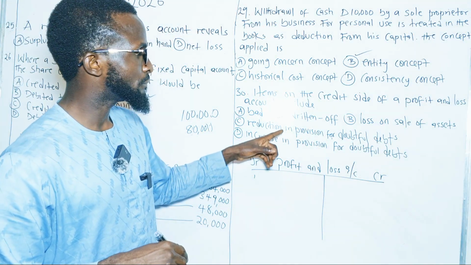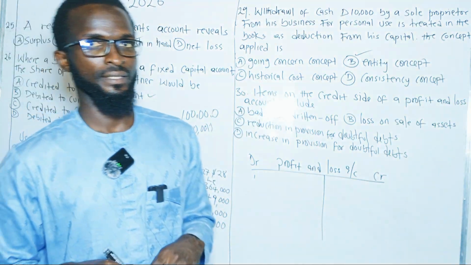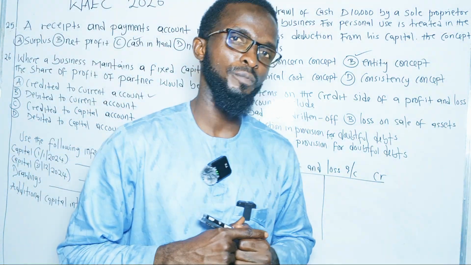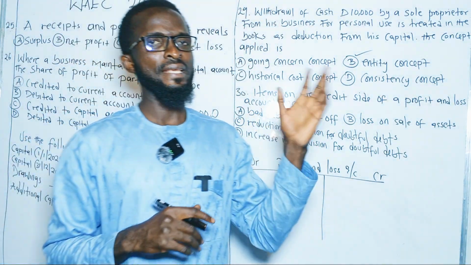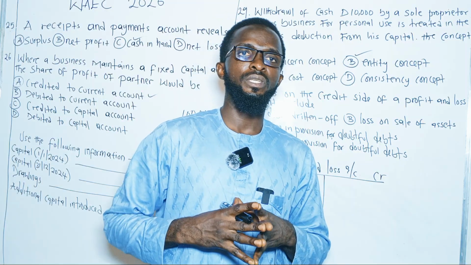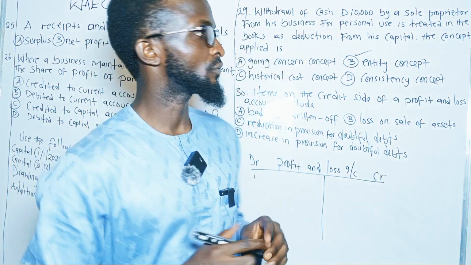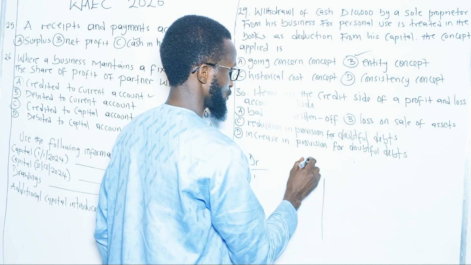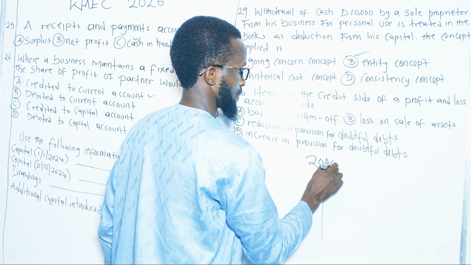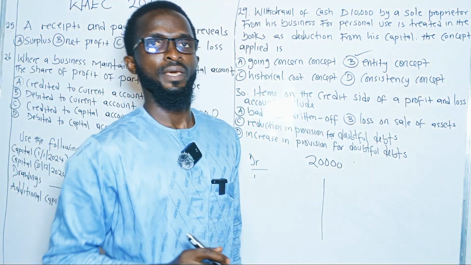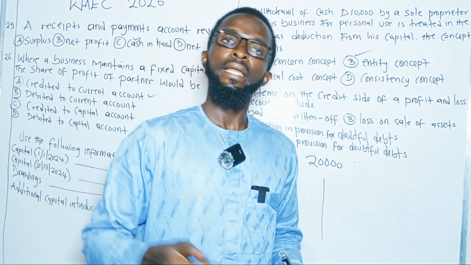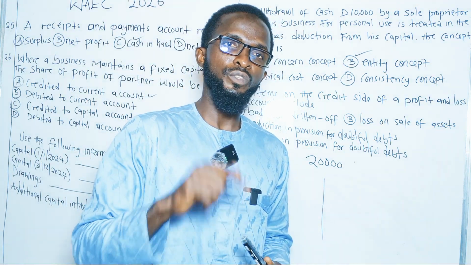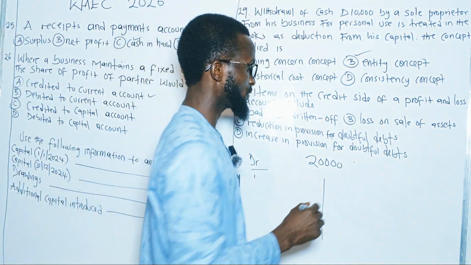But reduction in provision for doubtful debt. What do you mean by reduction in provision for doubtful debt? Say, previous year, your provision for doubtful debt happens to be 20,000. And this year, your provision for doubtful debt happens to be 15,000.